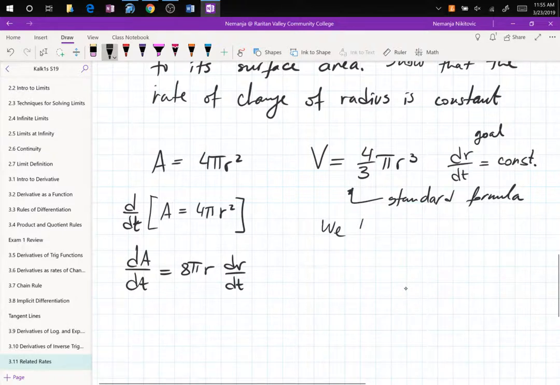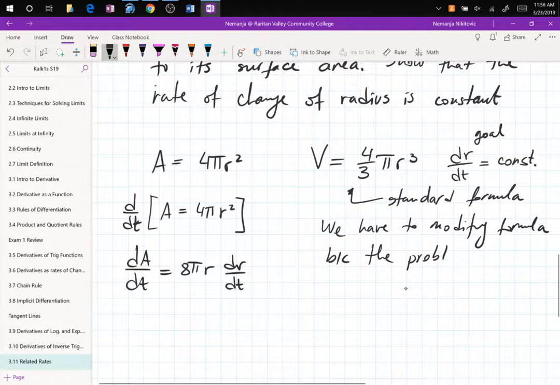We have to modify the formula because the problem said that it's proportional to its surface area.